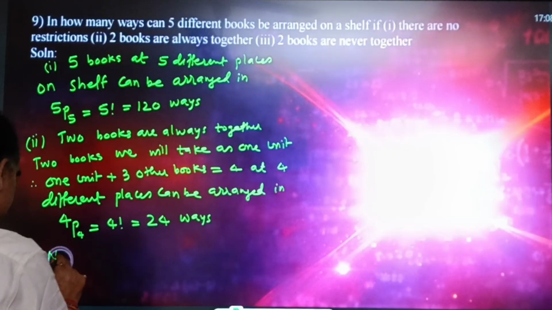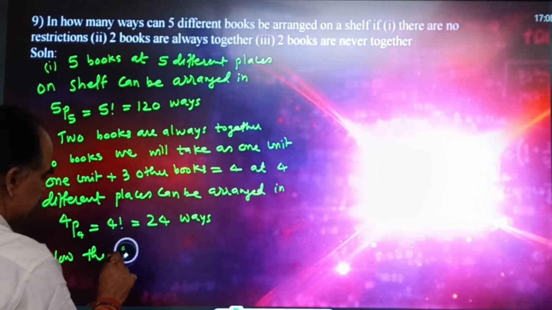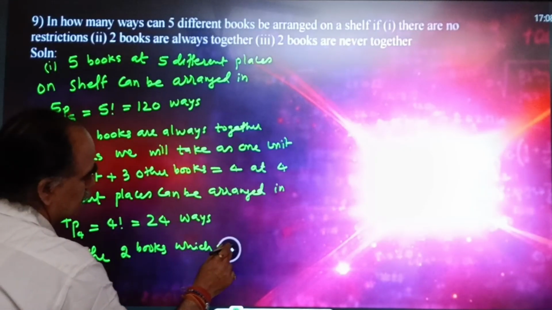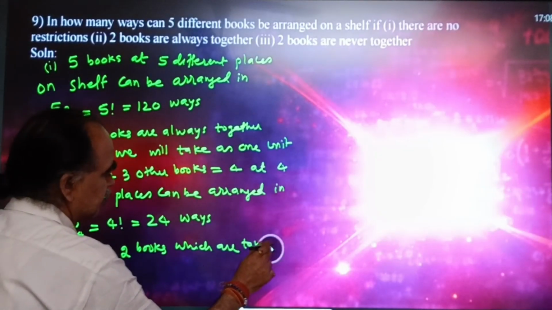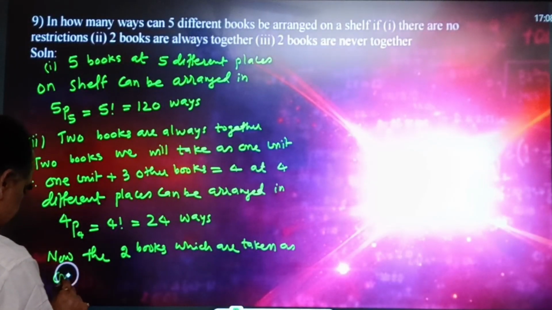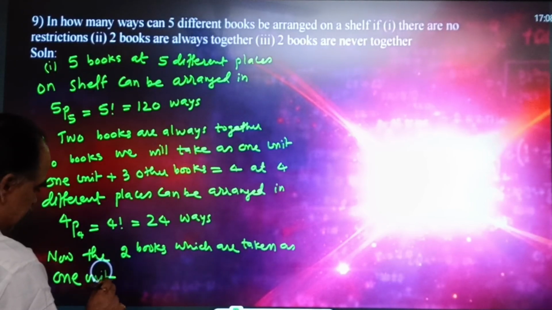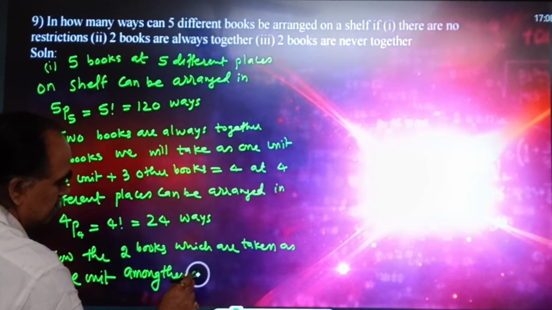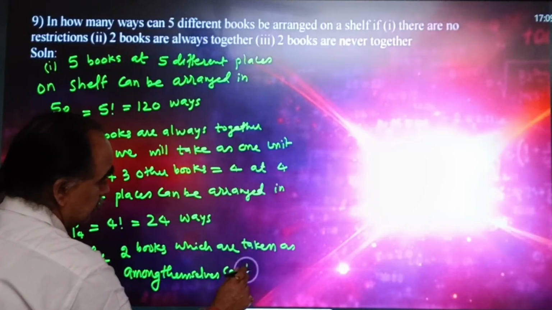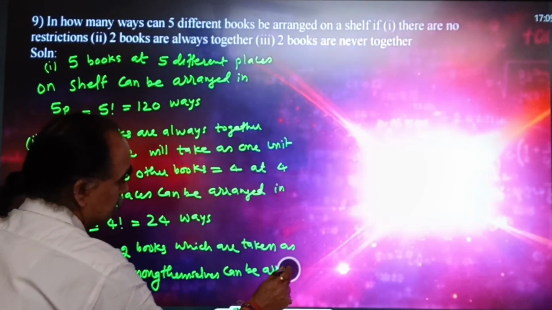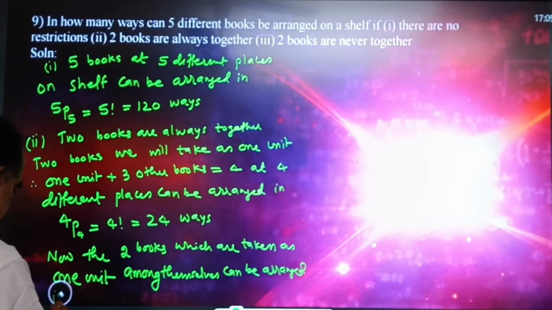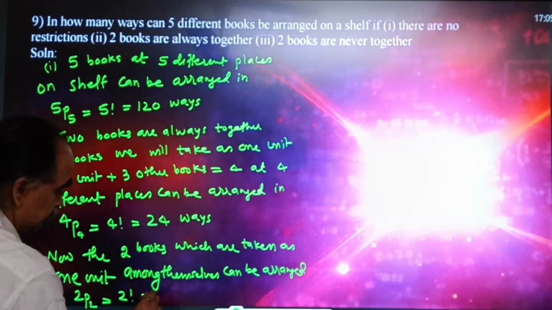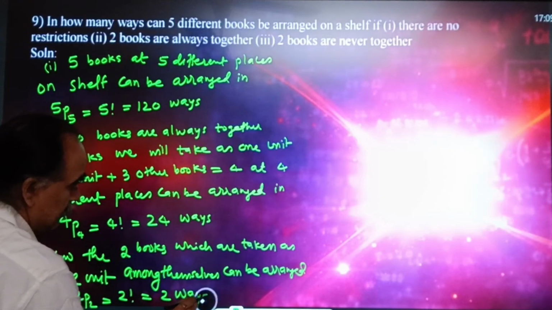Now, the two books which are taken as 1 unit among themselves can be arranged in 2P2 is equal to 2 factorial, 2 ways.